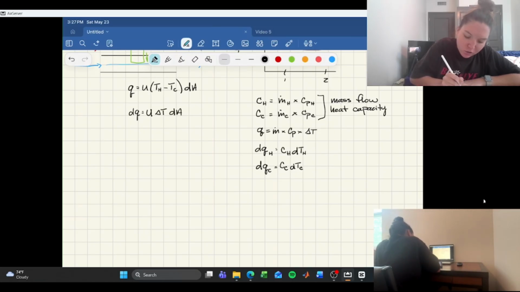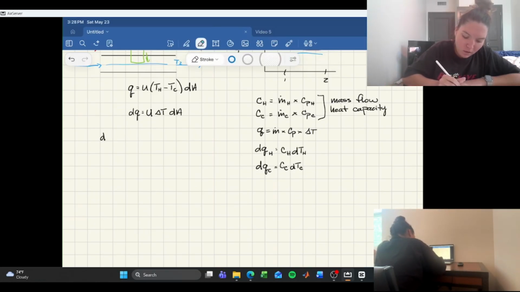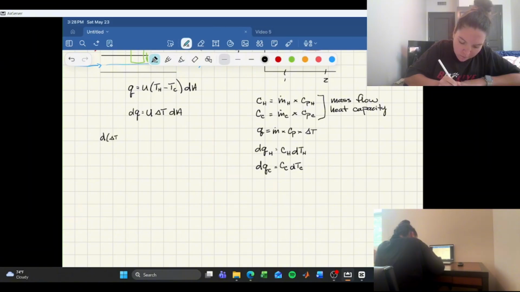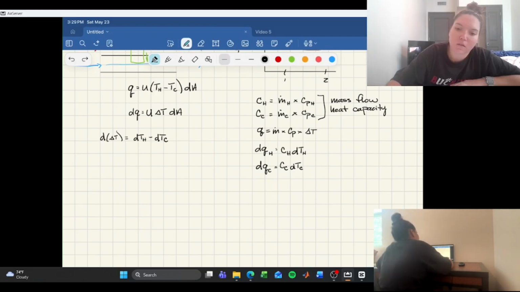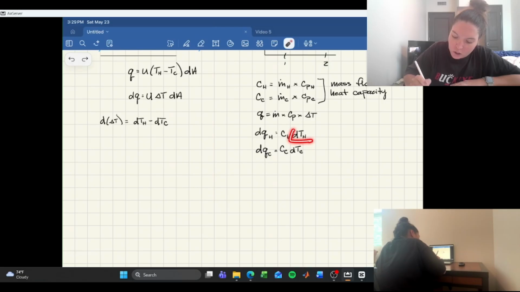So the driving force is going to be the change in temperature, or rather, the change in delta T, which is going to be equal to the change in temperature of the hot stream minus the change in temperature of the cold stream. So then we can just plug in the change in temperature of the cold and hot stream in here.